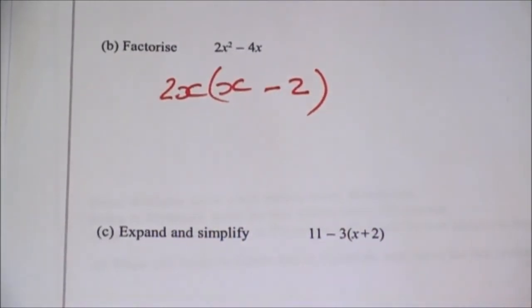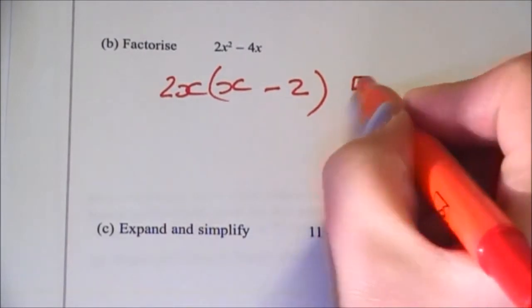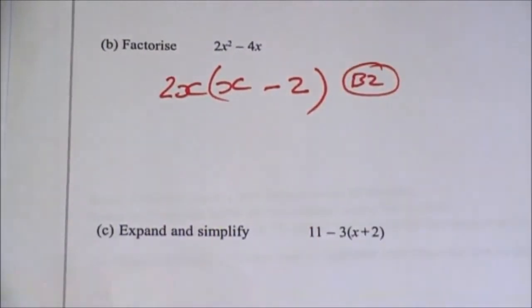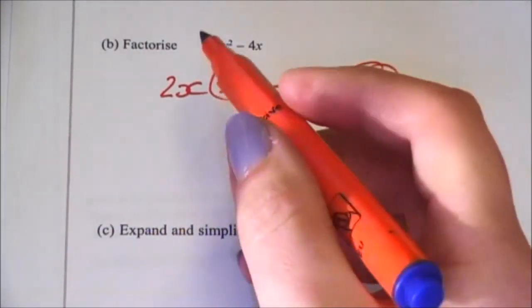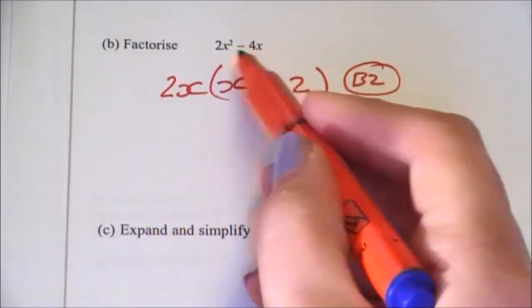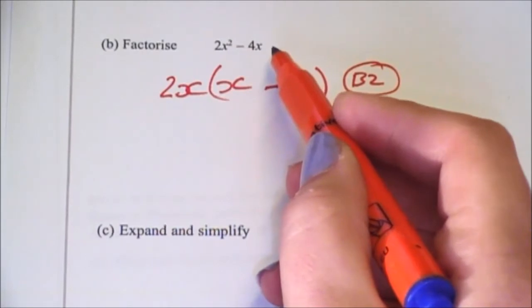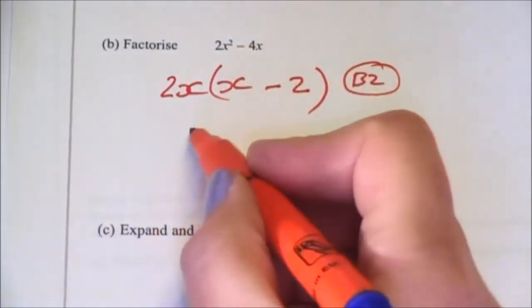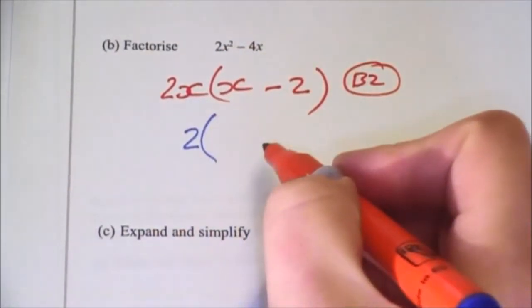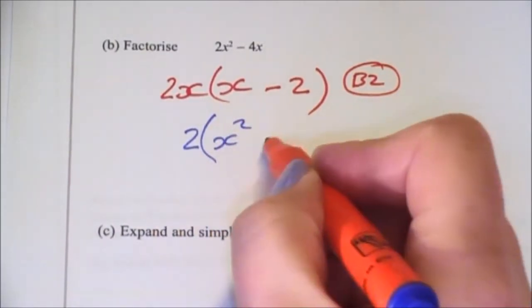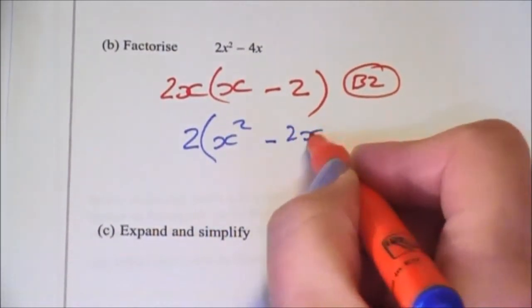So that is a 2 mark question. If you have that, you can get 2 marks. However, some people may not factorise it fully. They may identify that just the x is a common factor, or they might recognise the 2. So for example, they might have 2 open bracket x squared minus 2x.